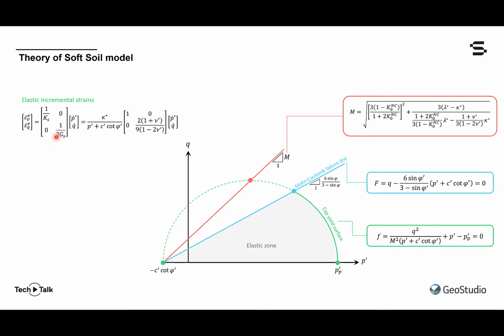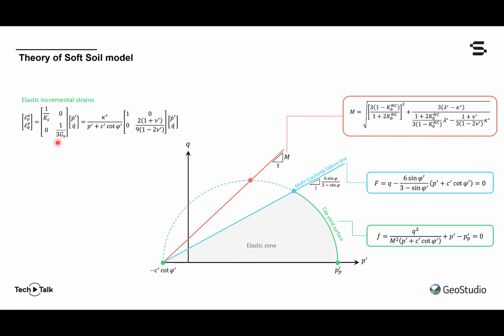We can see that it's diagonal and that the off-diagonal terms are 0. In the 1-1 position of the matrix is 1 over the bulk modulus of the soil, K sub S, and in the other diagonal term, position 2, is 3 times the shear modulus.